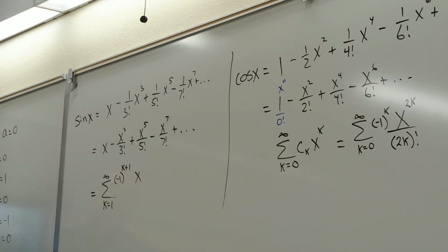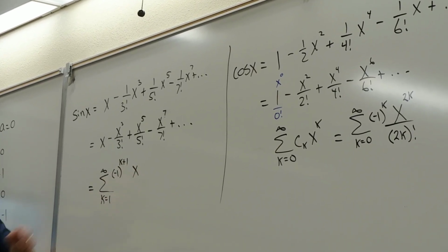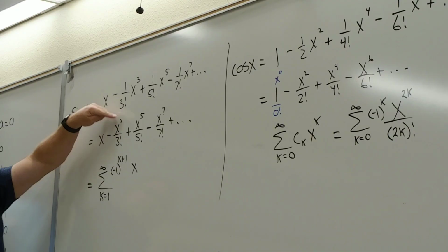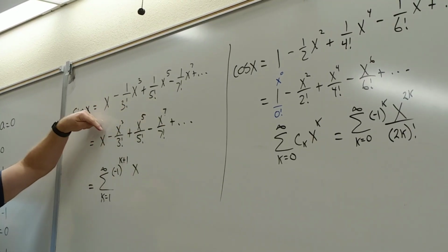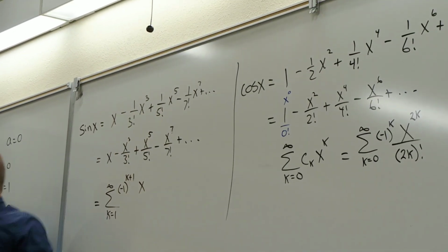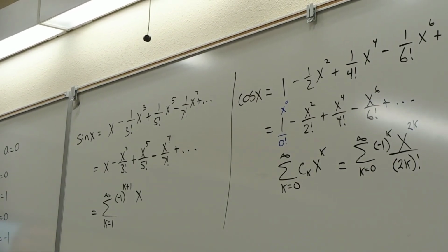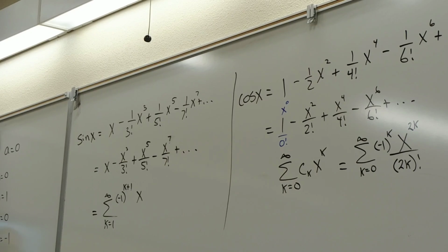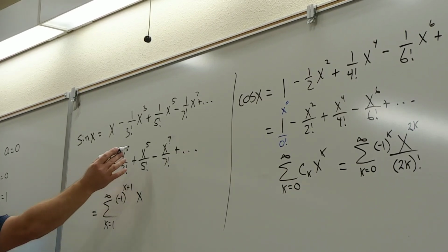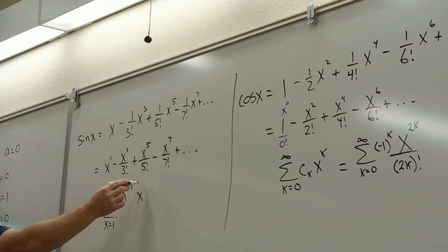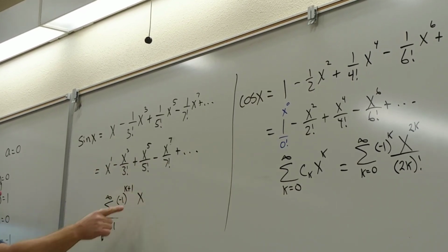Now we need an expression for the exponent that generates 1, 3, 5, 7. Generates the odd exponents. Remember, this is x to the 1, so 1, 3, 5, 7. We need an expression up there that generates that when we put in 1, 2, 3, 4, and so on.